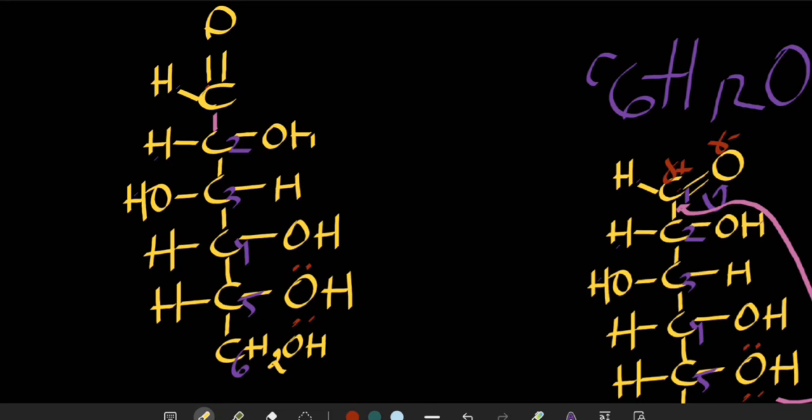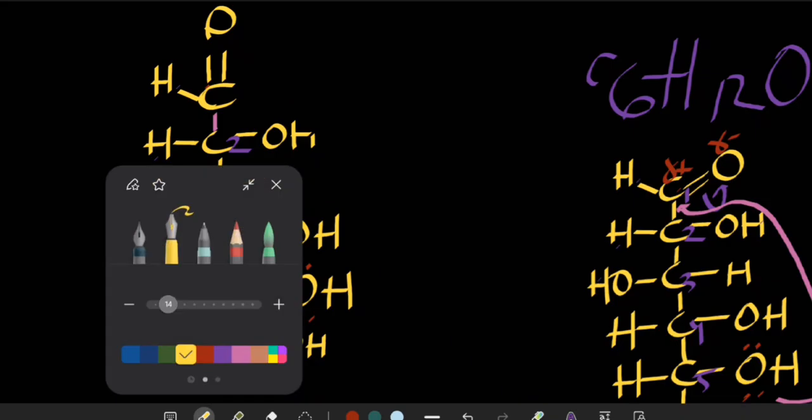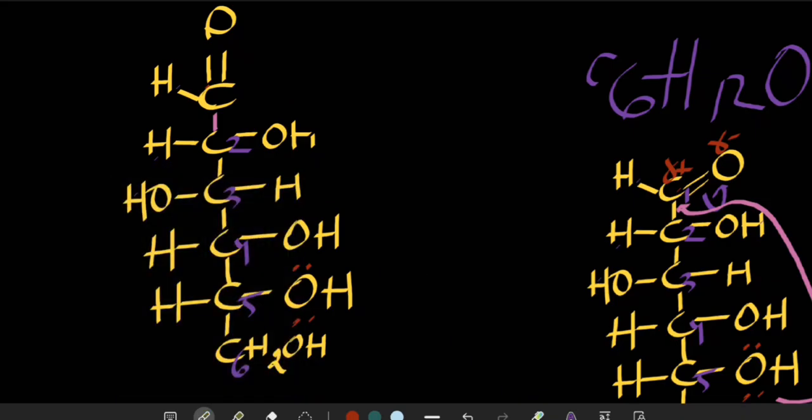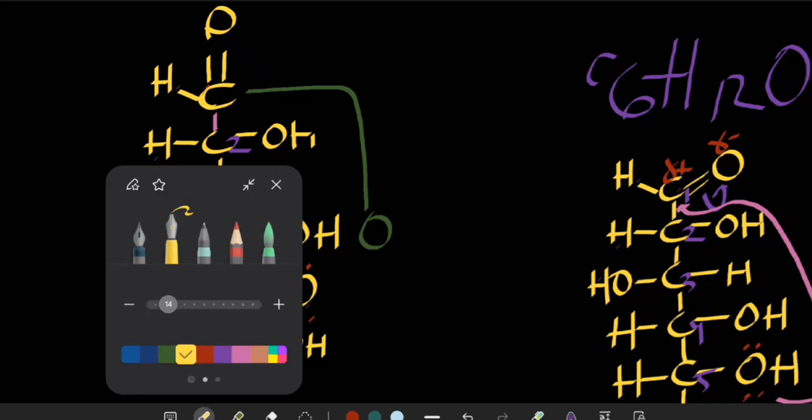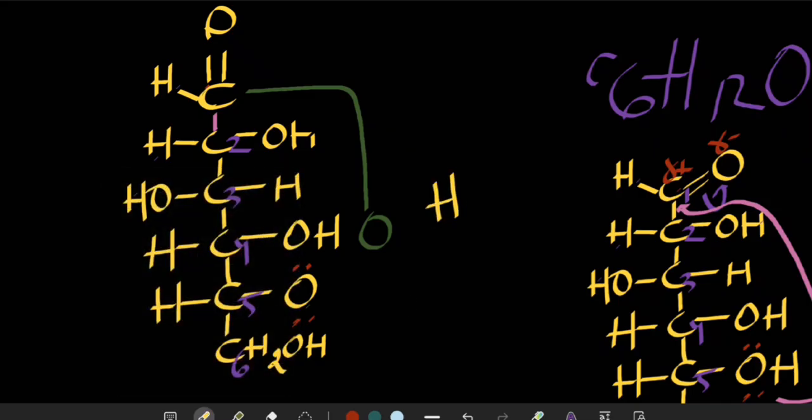Then what will happen is, now this oxygen I'm going to take over here. This has been like this. This hydrogen is still there, so don't get confused. The hydrogen is still there. I'm just going to take it out here.